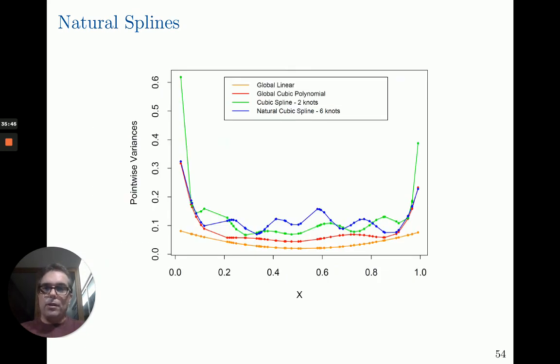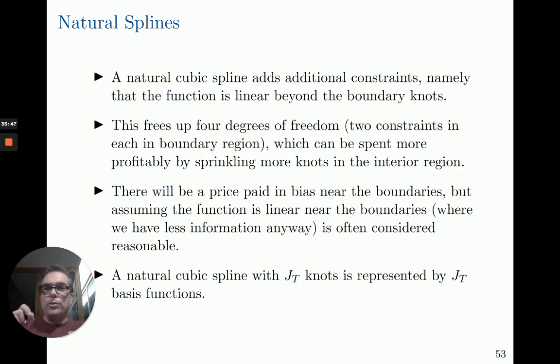So what we are going to do is add additional restrictions, namely that the function should be linear beyond the boundary knots. This frees up some degrees of freedom, which can be spent on getting more complex behavior in between the boundary knots.